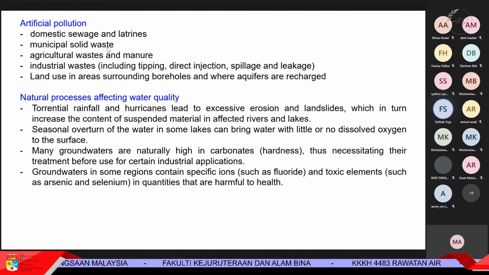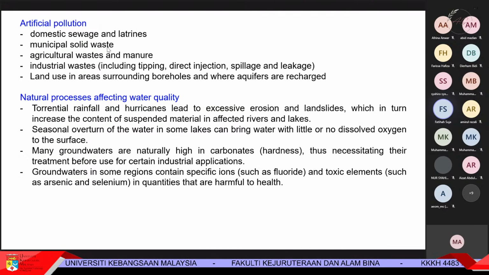So recharge of confined aquifers occurs where the permeable rock outcrops near the surface, which may be some distance from the area of exploitation. So this is a confined aquifer. This is a feature that makes control of quality and pollution more difficult.